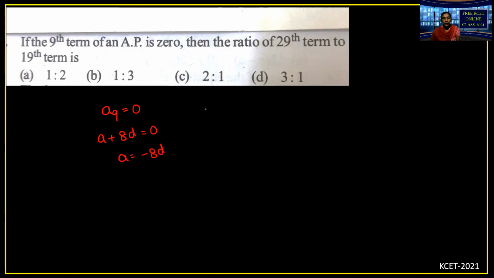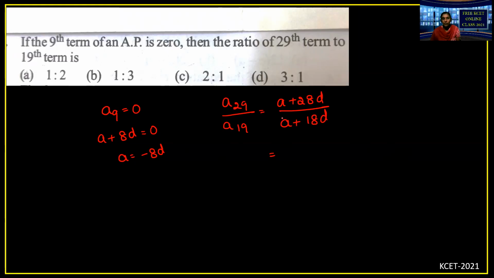Then I want to calculate the ratio of the 29th term to the 19th term. A29 by the definition we can write as A plus 28D, divided by the 19th term, A plus 18D. Now I want to calculate the ratio of these two terms.